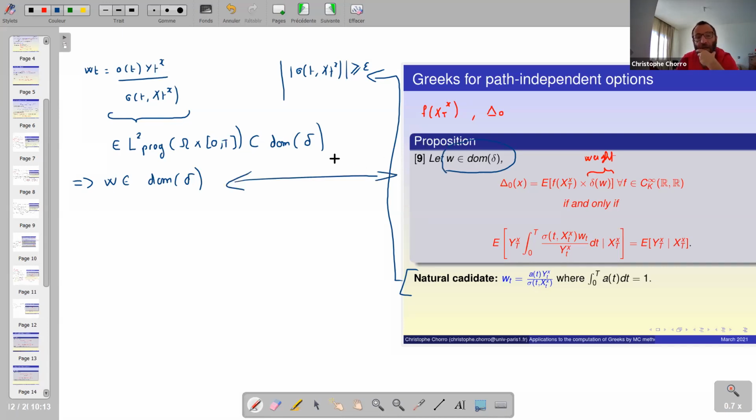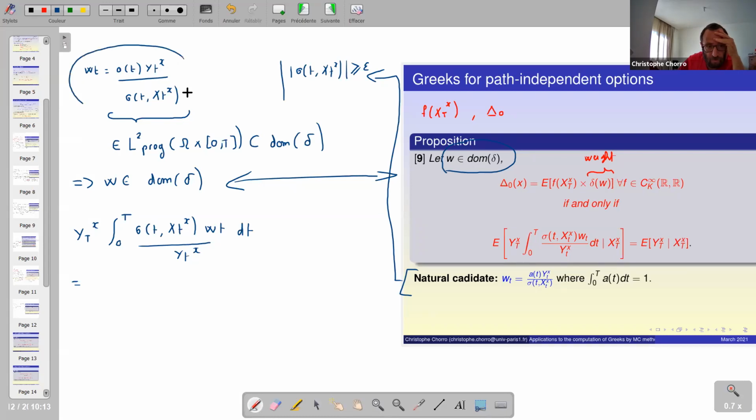Now it remains to prove that if I plug W this way inside this expression, I obtain exactly what I want. So let's do it. I compute Y_T(x) times the integral between 0 and capital T of sigma(t, X_t(x)) W_t over Y_t(x) dt. My W_t is given by this expression, so I plug it in.